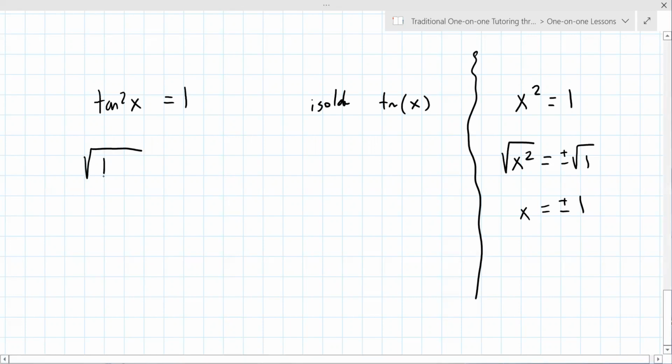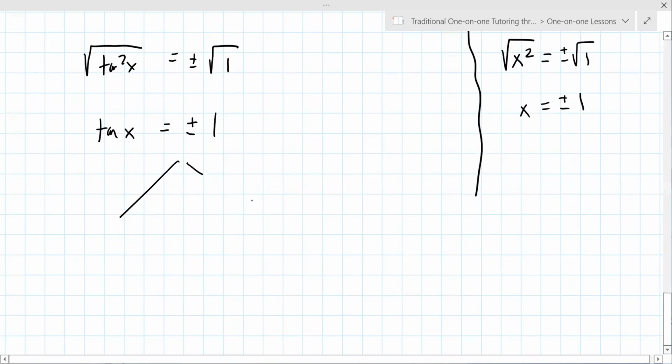So the square root of tangent squared x equals plus or minus 1, so tangent x equals plus or minus 1. Now this really turns into two problems. It's tangent of x equals 1, and tangent of x equals minus 1.